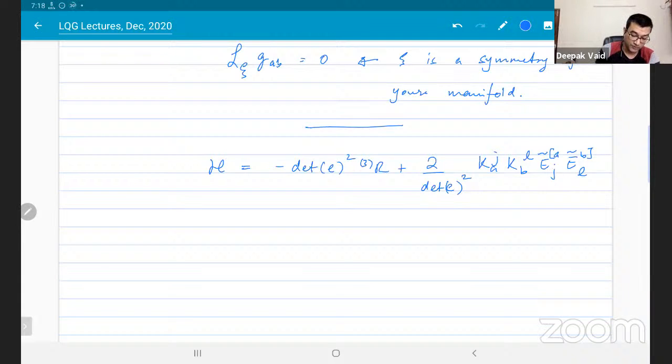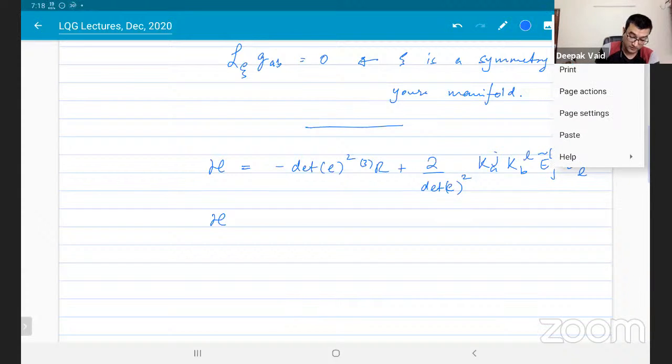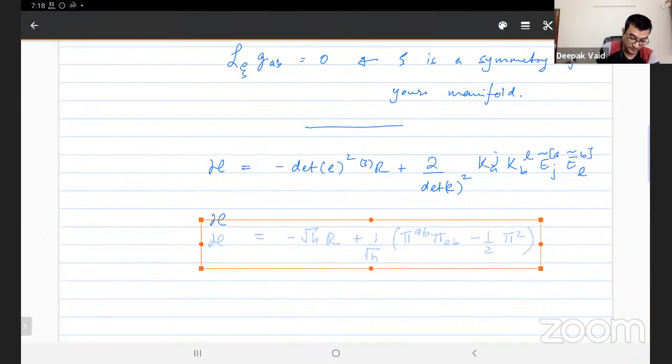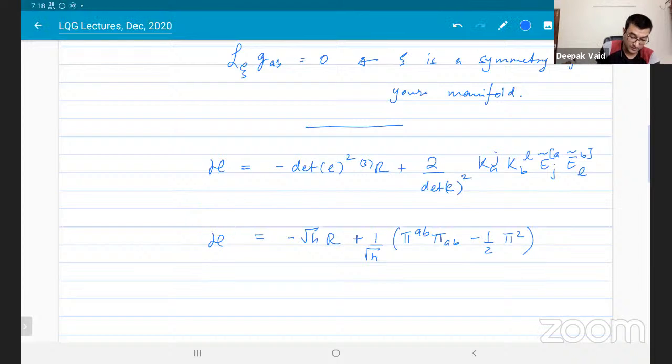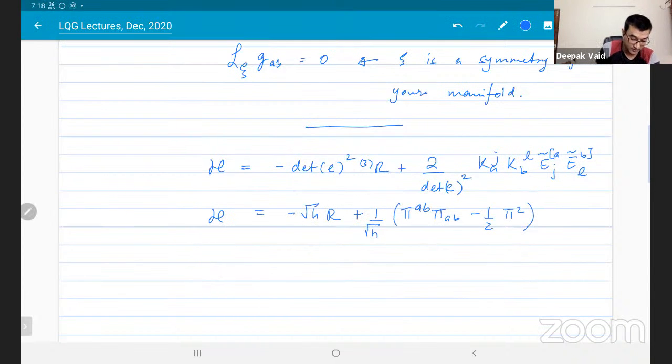Okay, so if you compare it with the expression that you have from the ADM case, so paste, delete. Okay, so this is the connection variables, and this is the metric variables.